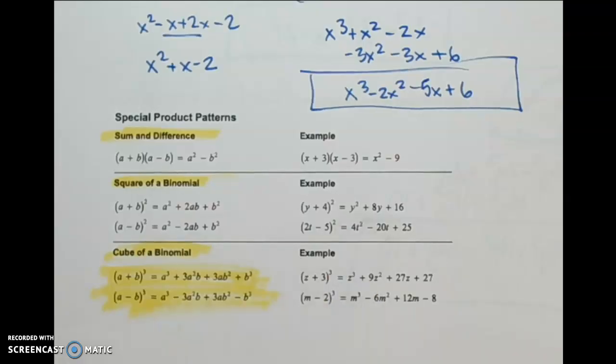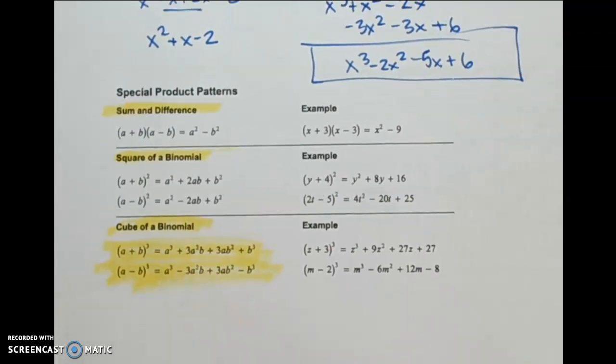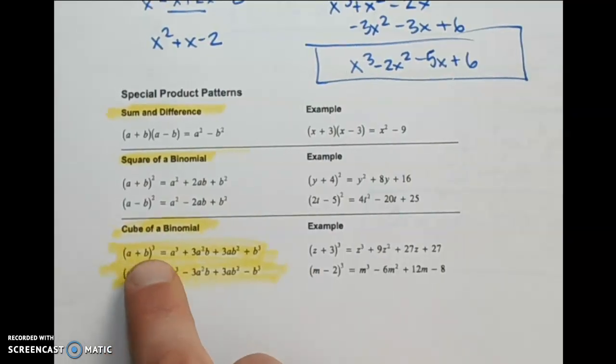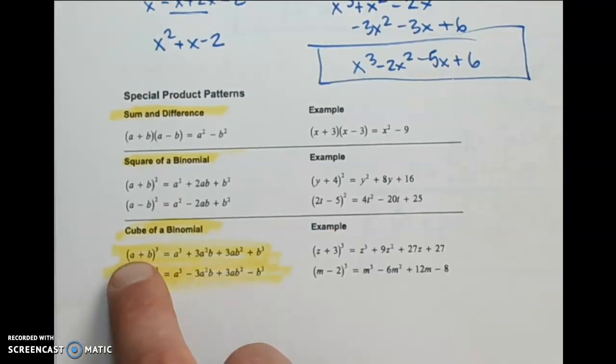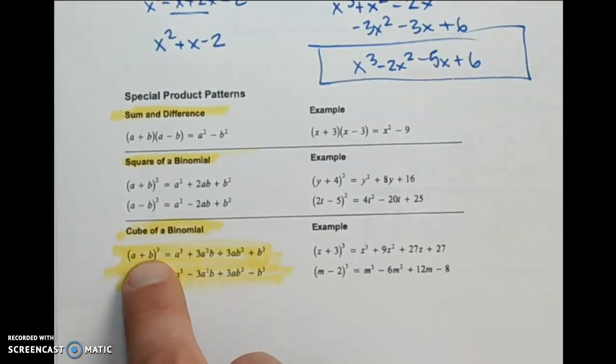Okay, now we have a new one. It's a cube of a binomial. And this should be new to Algebra 2. You're definitely going to need to know this. But here we go. A plus b cubed. You take your first term, a, you cube it. Then it's going to be plus 3 times a squared times b.